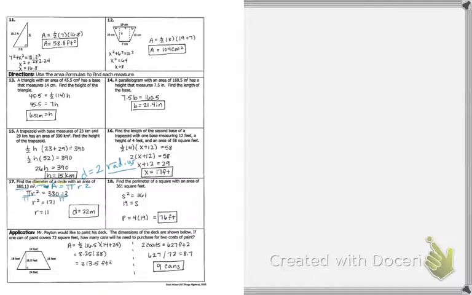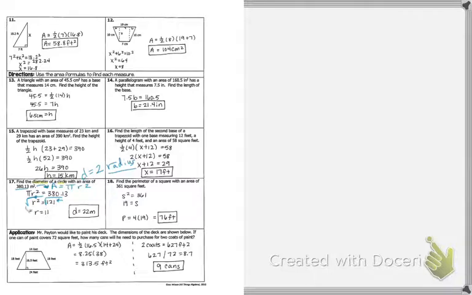This gives us 121. How do I get rid of the square? Square root.